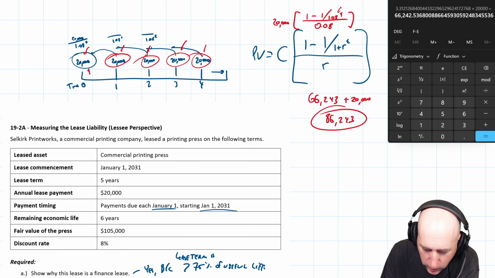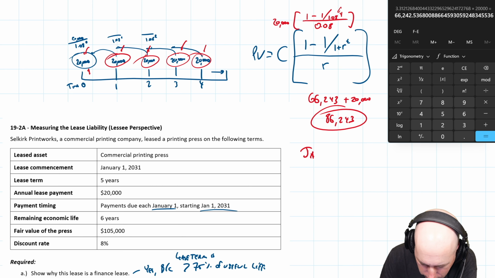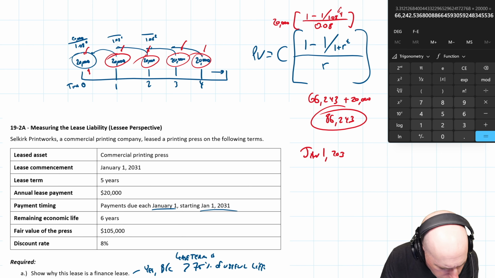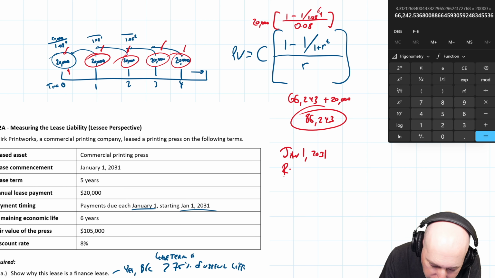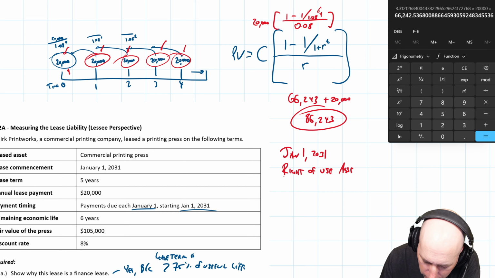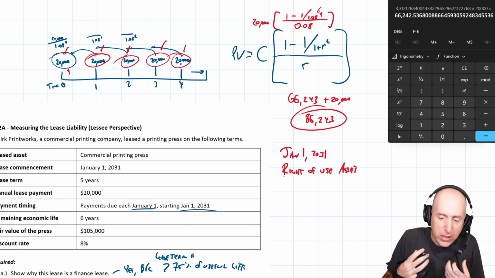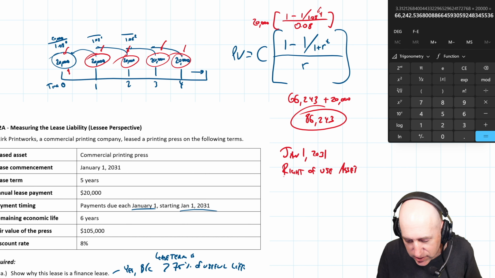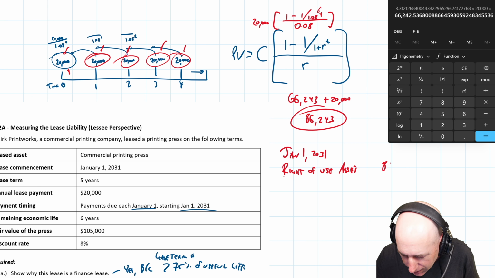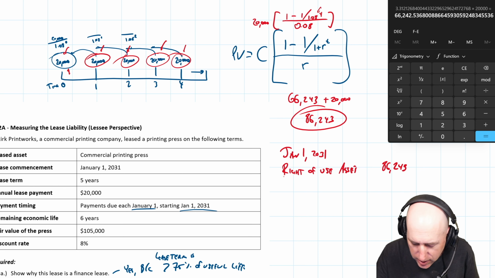So what does the journal entry look like? Well, on Jan 1, 2031, we're going to debit right of use asset. That's the American terminology. I like it, actually. It's just saying this is an asset. We're putting it on our books, but we don't own it. Technically, we're leasing it. Right of use asset, 86,243.